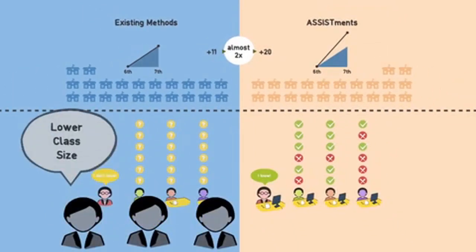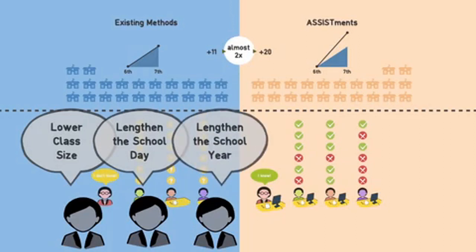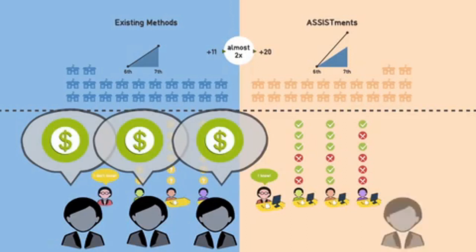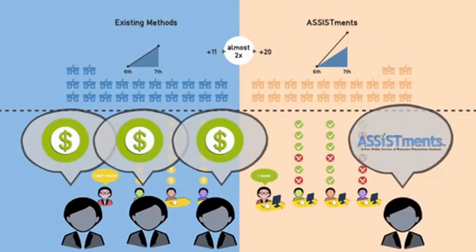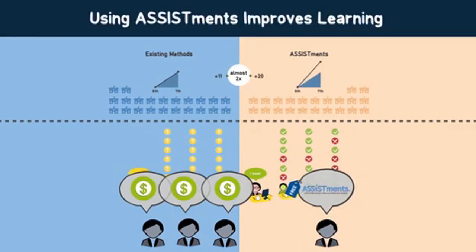Policymakers know that they can lower class size, lengthen the school day, or lengthen the school year to get these sorts of gains. But these solutions are incredibly cost prohibitive. With assessments, there is only a small, one-time cost to train teachers, but the use of assessments is free. Immediate feedback to students and teachers using assessments improves learning.